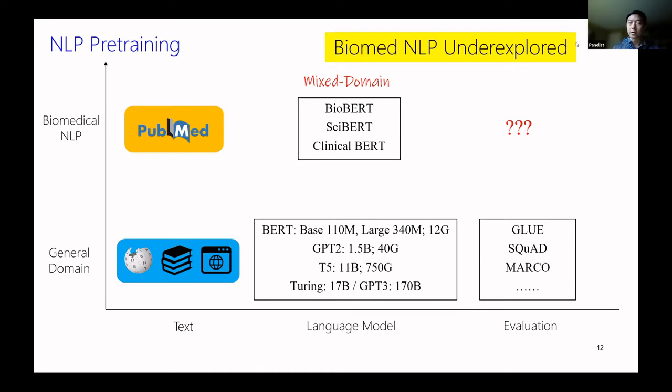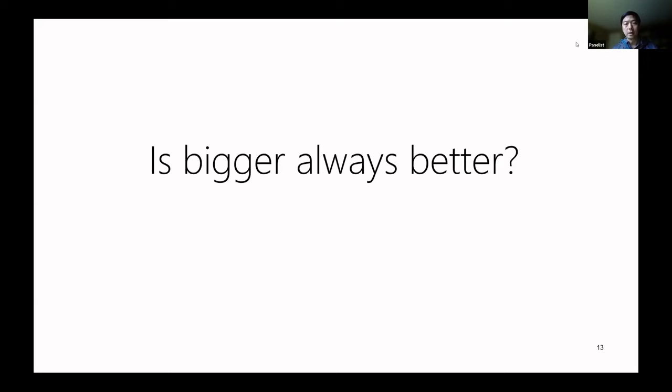But existing work in biomedical pre-training tends to be a very simple extension of general domain pre-training. Usually the standard way is to basically pile on additional PubMed or other biomedical texts on top of the general domain models. So the prevalent assumption is that going broad is always better, right? The assumption is that a model trained on more data tends to be better than one trained on less.